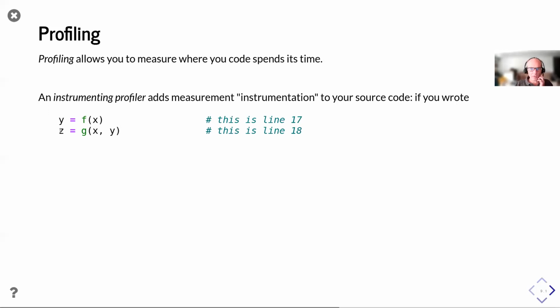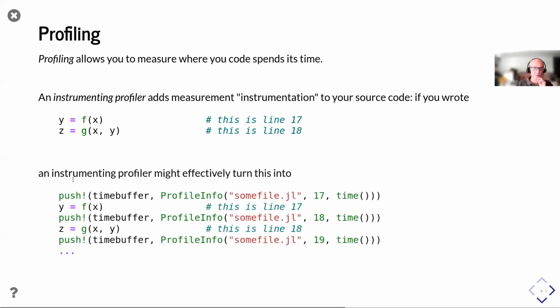And when you run this code under an instrumenting profiler, it will actually modify that code effectively and run code that looks like this. So basically, it has some sort of buffer where it's keeping track of timing data. And right before it runs this first line here, it might record some information about where it is in your source code and what the current time is. And then it will make that call.